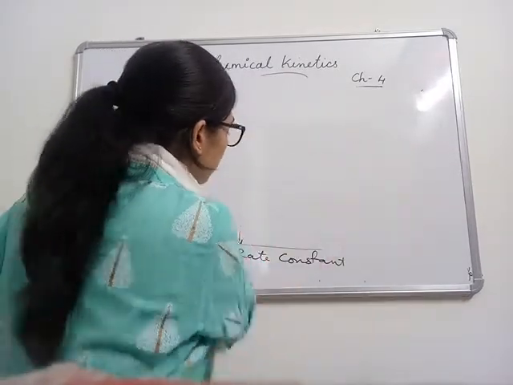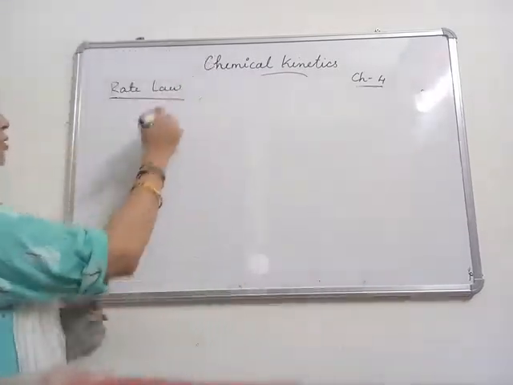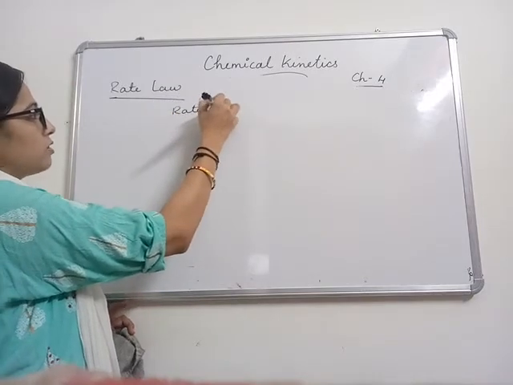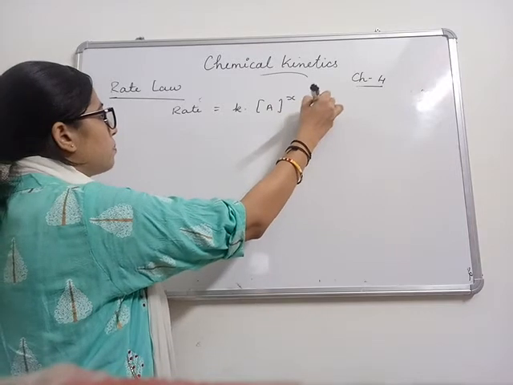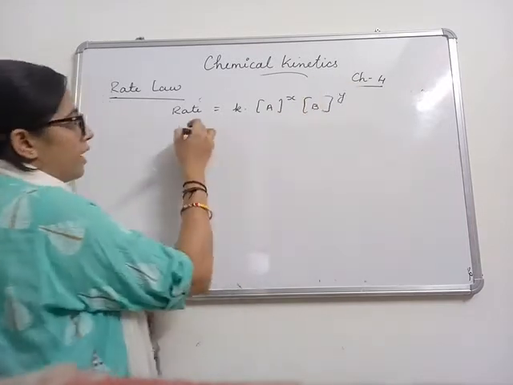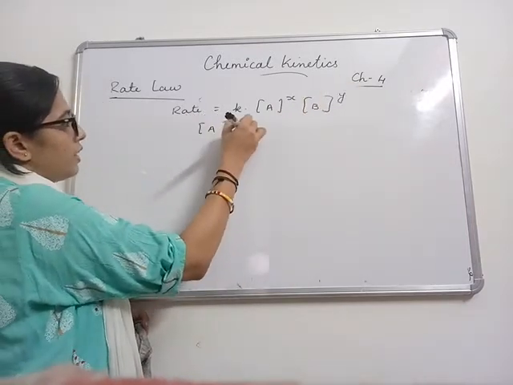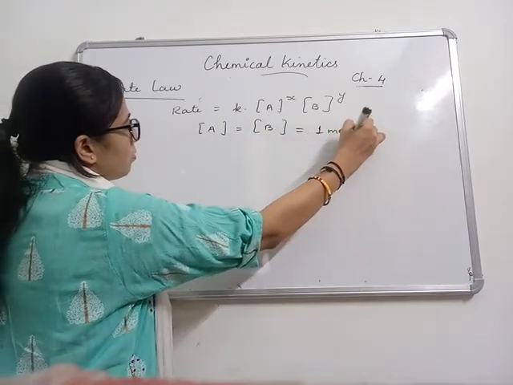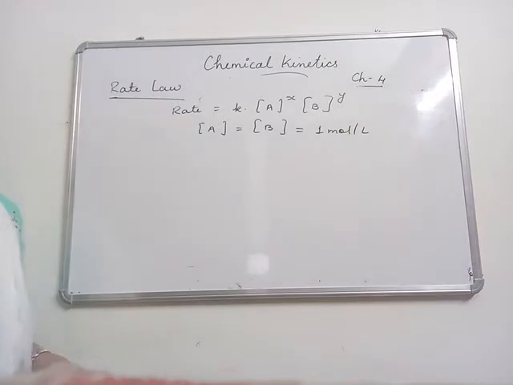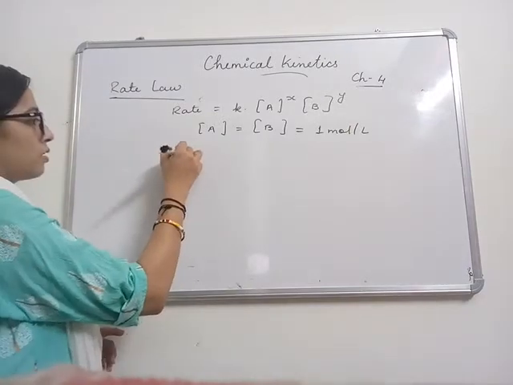Now what is the rate constant? How do you find the rate constant? According to the rate law, rate is equal to k [A]^x [B]^y. When the concentration of A and B is 1 mole per liter, then what will happen?